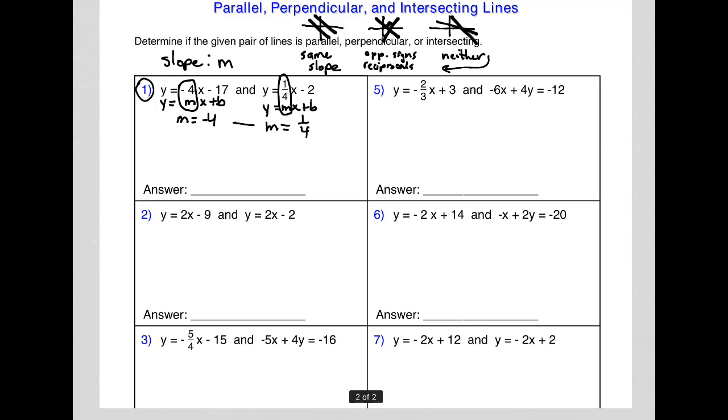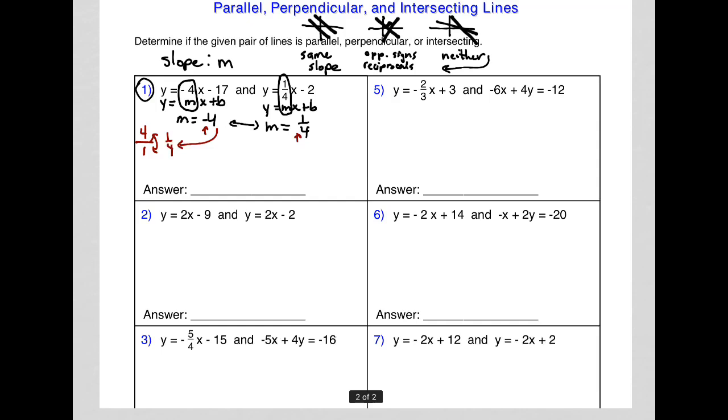So comparing these two slopes right here, we notice, one, that they're not the exact same slope. Negative 4 is not the same thing as 1/4, so we know it's not parallel. But the second thing we could look at is perpendicular. Notice the signs are opposite signs, one's positive, one's negative. And then if we wanted to look, remember the reciprocal, if we wanted to look to see if it's perpendicular, you have to think of a whole number like 4, or actually an integer, as 4/1, and then if you flipped it over, would it be the other slope?